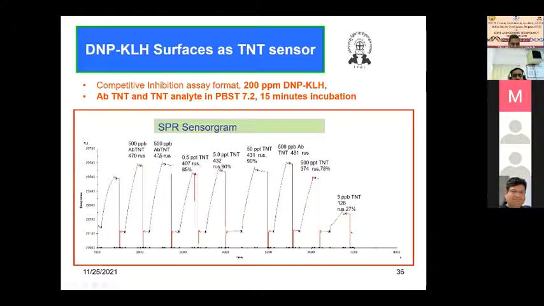It means that even a very small quantity of your antigen is inhibiting the response by 85%. So that kind of sensitivity. And if you go for the 5 ppb concentration of TNT, see only the 27% response. And RU that you got only 126. So that's the kind of sensitivity that you achieve over this kind of a sensor surface. Next.